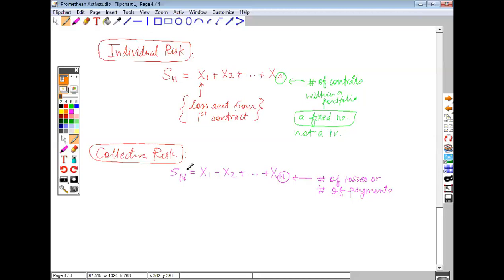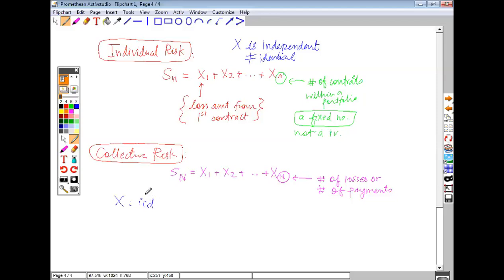When I say not identical, that means you might not have the same distributions when it comes to predicting the chance that you might incur a claim to me as an insurance company. So for individual risk, I know my X is independent but not identical. And over here in collective risk, my X's are IID.